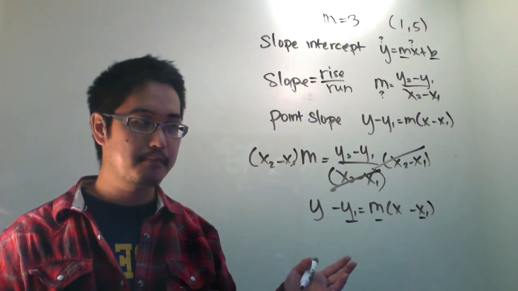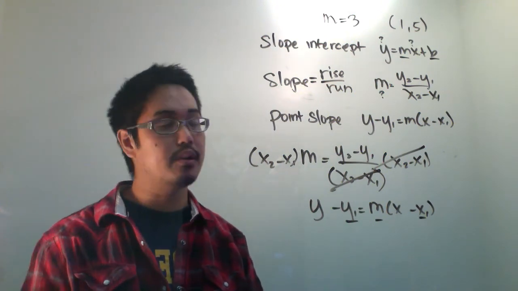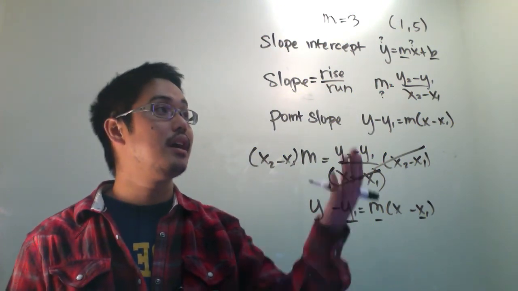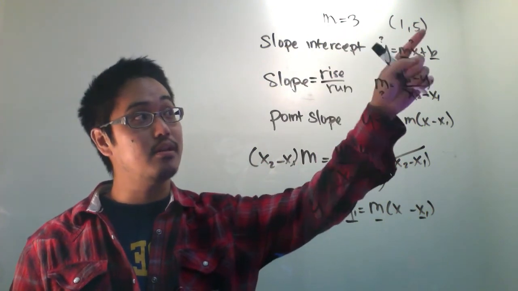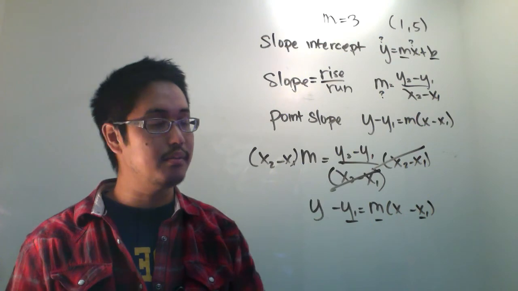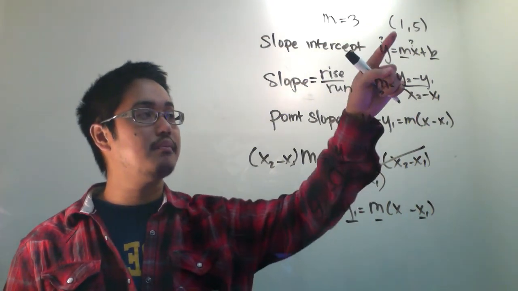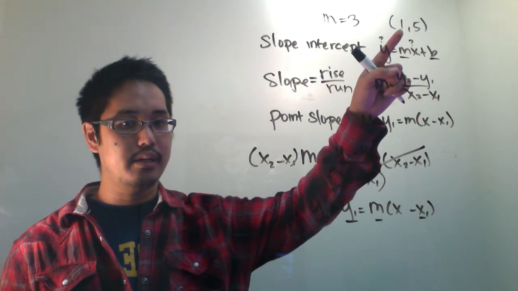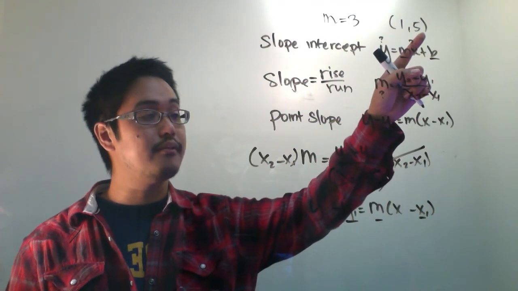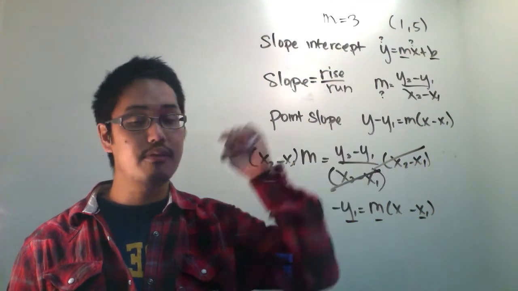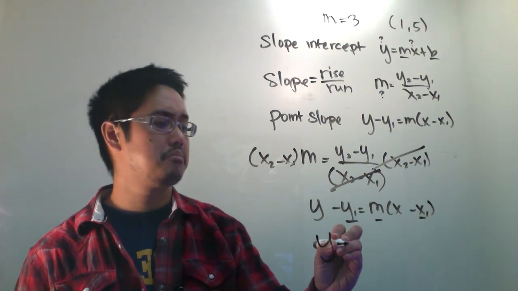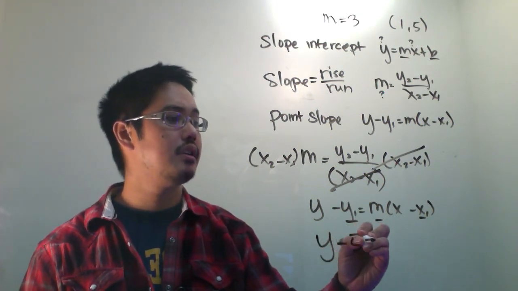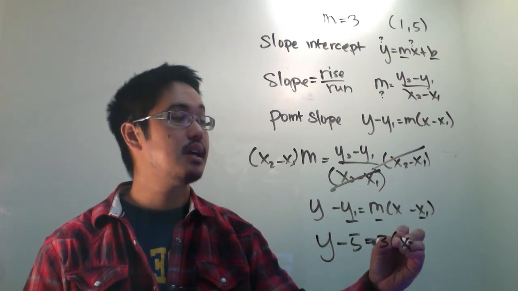That's all it's saying. So if I wanted to figure out the y equals mx plus b form of this thing right here, I know a point and I know a slope. All I would do is plug in 1 for the x value, 5 for the y value, and 3 for the slope. So that would be y minus 5 equals 3 times x minus 1.